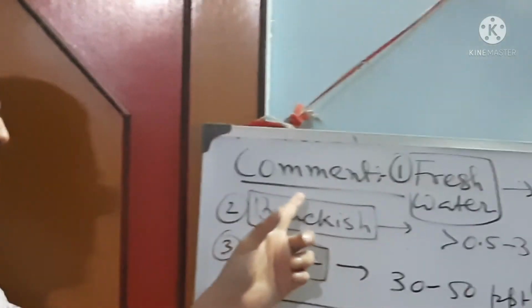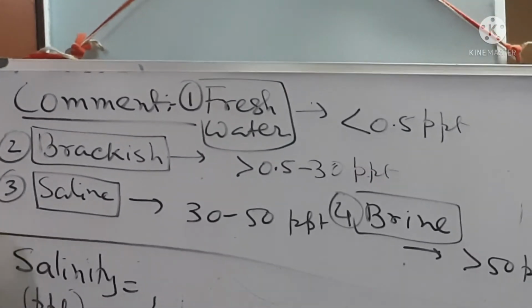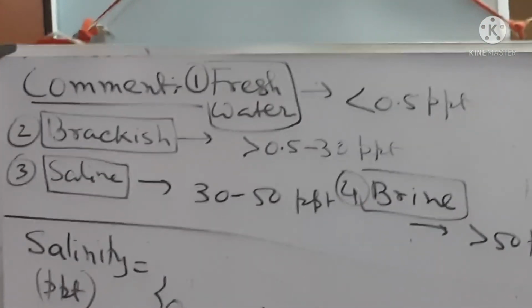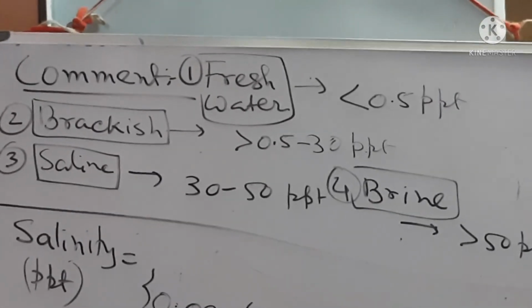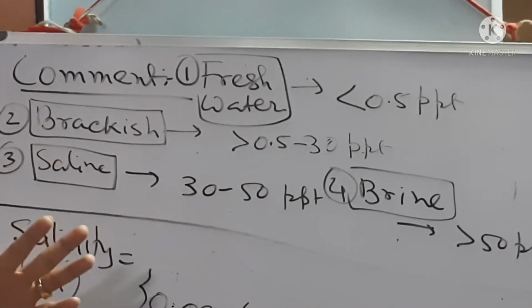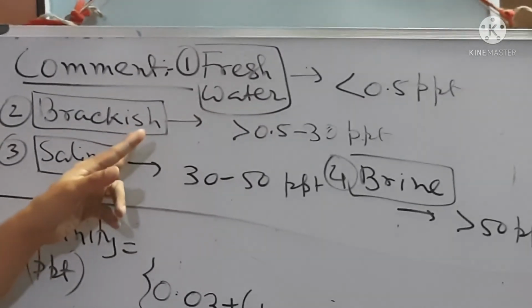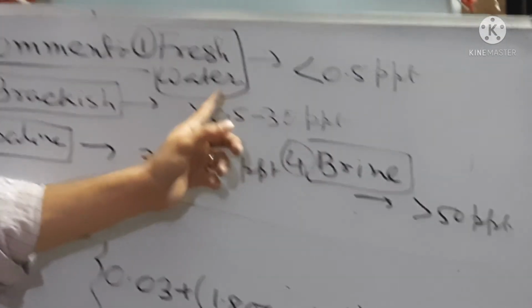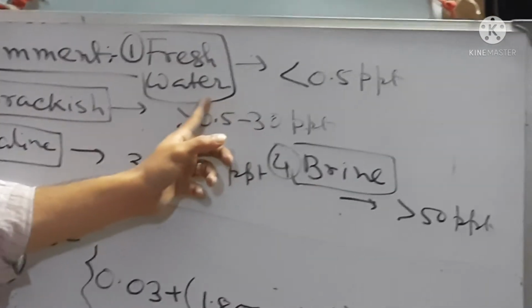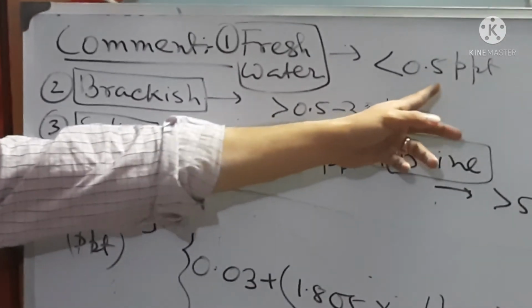So what will be our interpretation? Depending upon the range of salinity, water can be divided into 4 types: fresh water, brackish water, saline water and brine water. For fresh water the salinity range must be below 0.5 ppt.